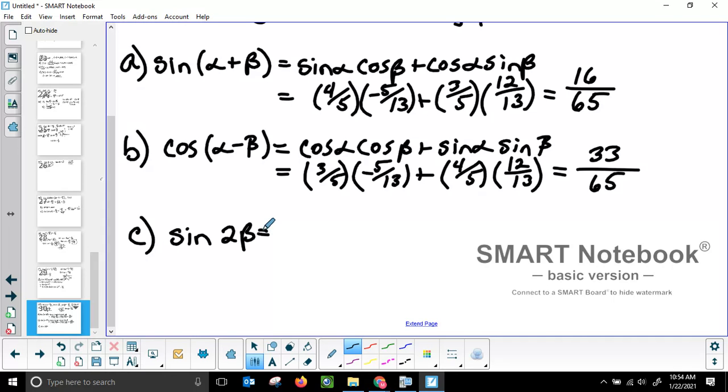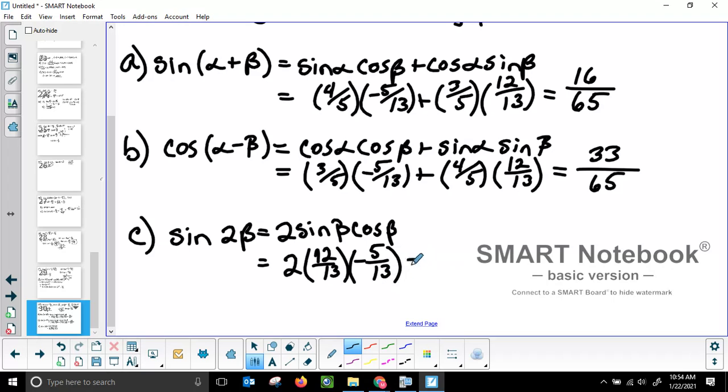That is simply 2 sine beta cosine beta. So 2 times the sine of beta is 12/13 times the cosine of beta is -5/13. So this is going to be -60 times 2 is -120 over 169. Again, you could just plug that right into your calculator.